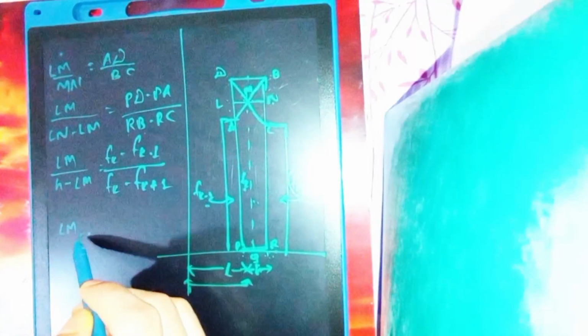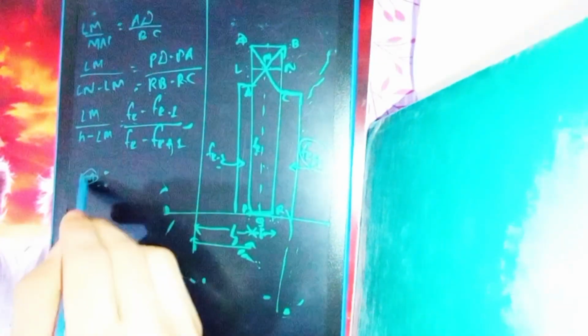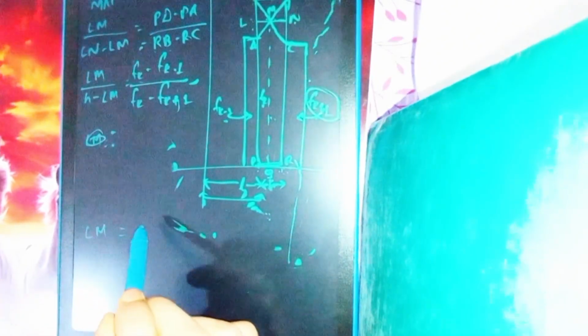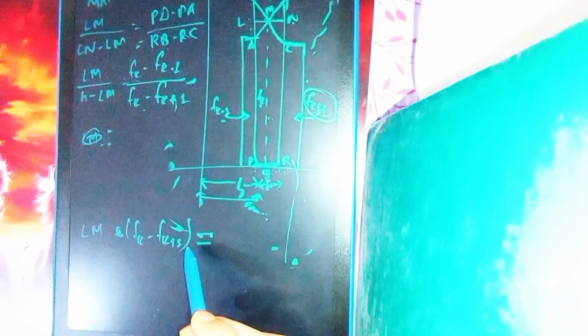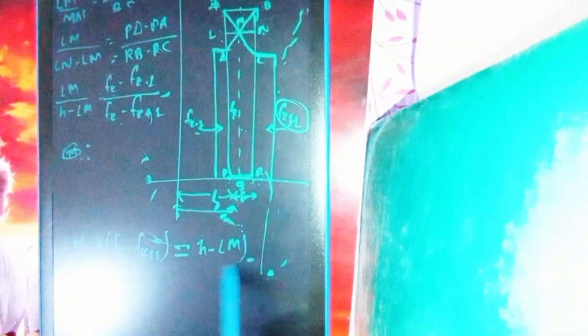LM will be equal to LM times FK minus FK plus 1, and that will be equal to H minus LM times FK minus FK minus 1.